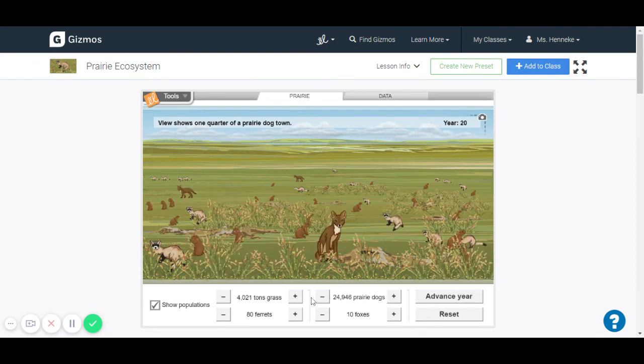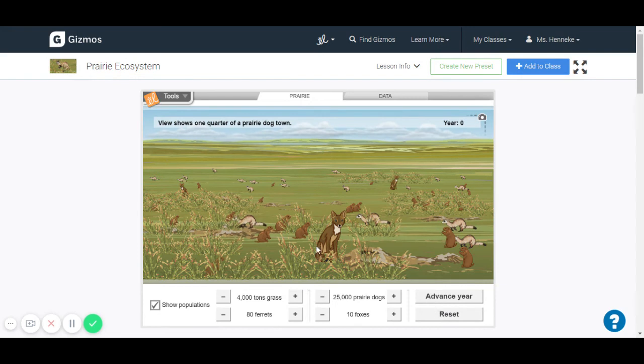Notice my ecosystem has returned to equilibrium. I'm back to almost my starting numbers. I wonder if I reset this, what organism in this ecosystem could wipe out the whole food chain?